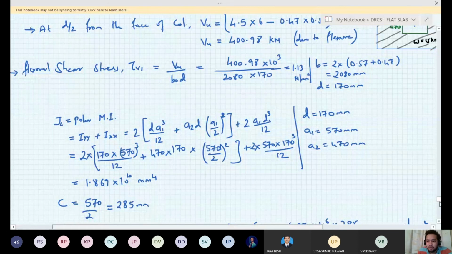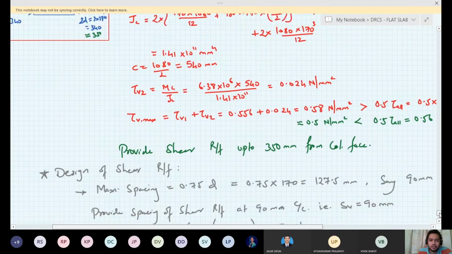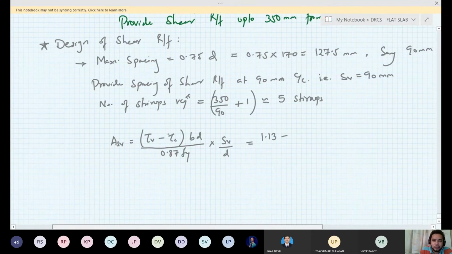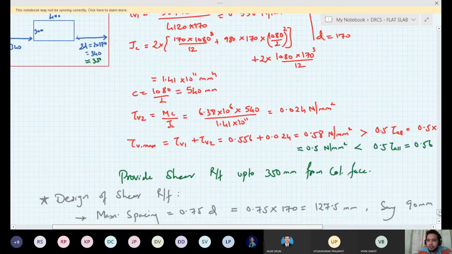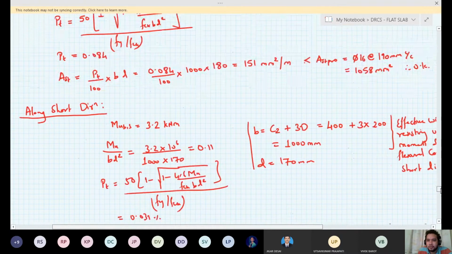So here it will be 1.13 minus tau c. Now the allowable shear stress is here 0.5 tau c, not tau c, because only 50% shear stress is to be taken. So it will be 0.5 into tau c. The value of tau c was 1.118.